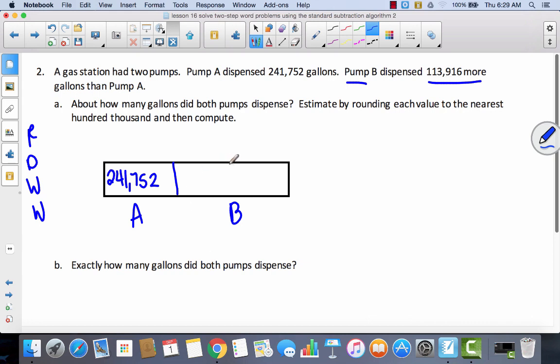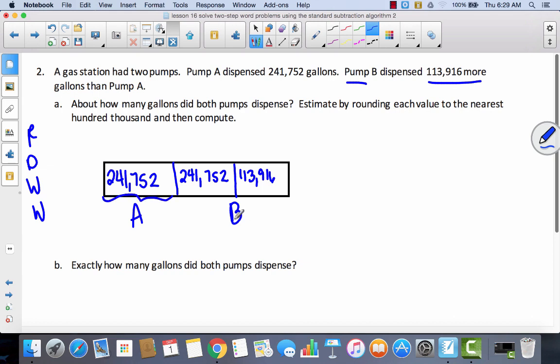So what that means is that pump B not only pumps the 241,752 gallons, it also pumps an additional 113,916 gallons. So let's think about that again. Pump A dispenses this all by itself.